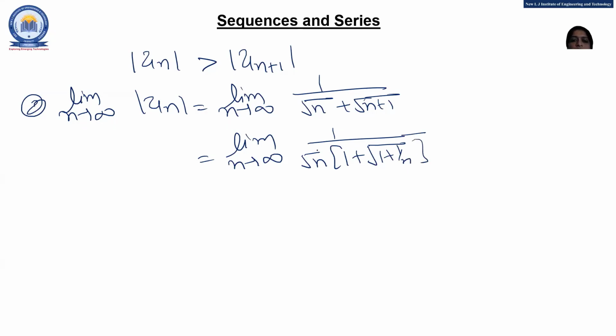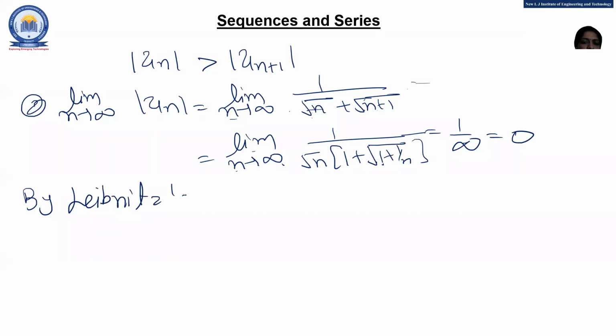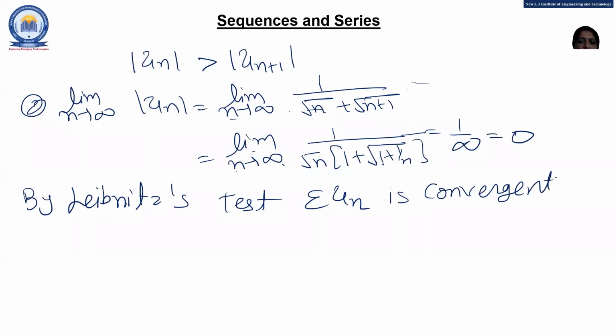If I apply n tends to infinity directly, no need of this step also, my answer is 1 upon infinity, which is 0. If you directly write equal to 0, that is also okay. So both conditions are satisfied. Therefore, by Leibniz test, the series un is convergent.